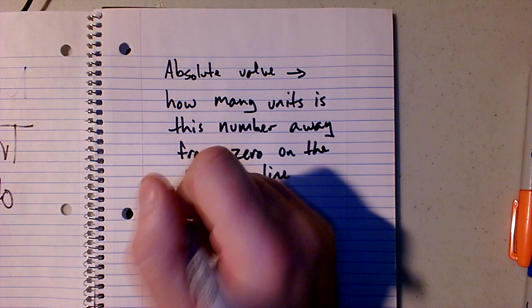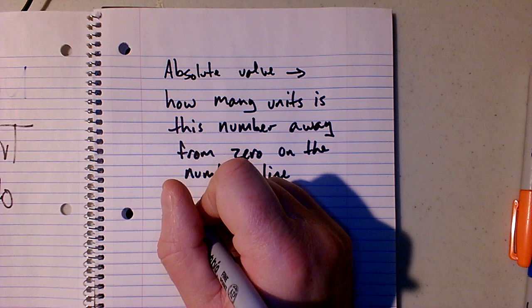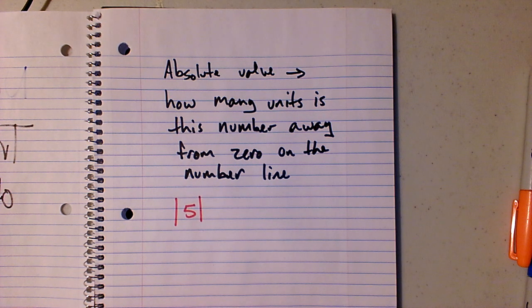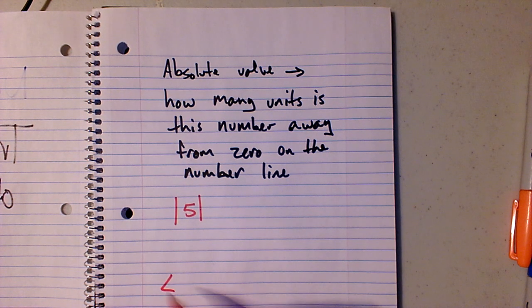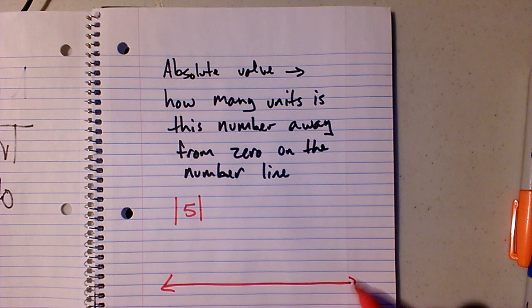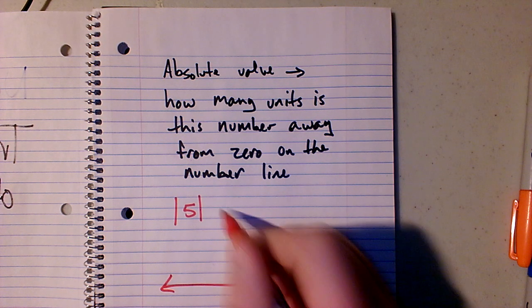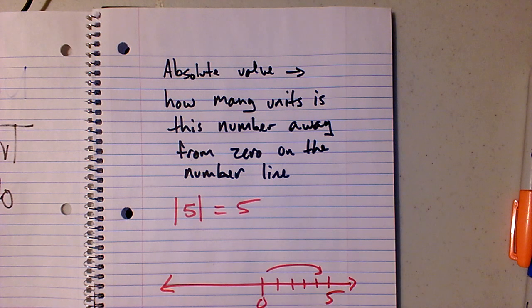So, if you are asked what's the absolute value of, let's say, 5, then on the number line, 1, 2, 3, 4, 5, what's the distance? Well, it's going to be 5 units from 0 to 5.